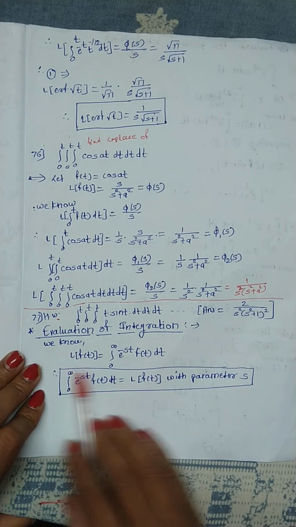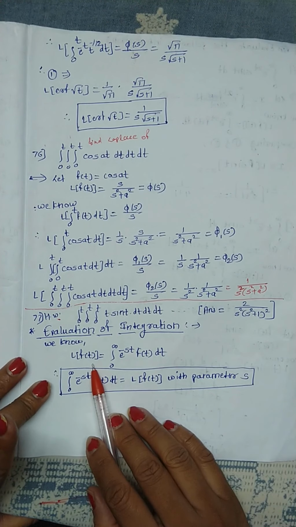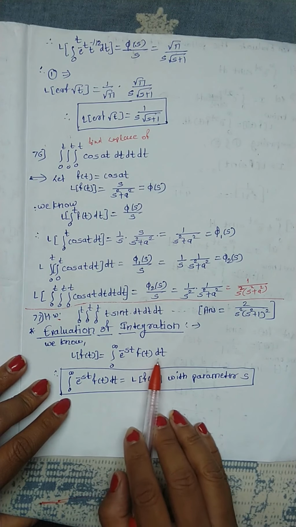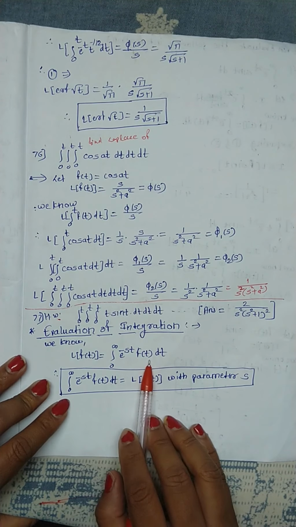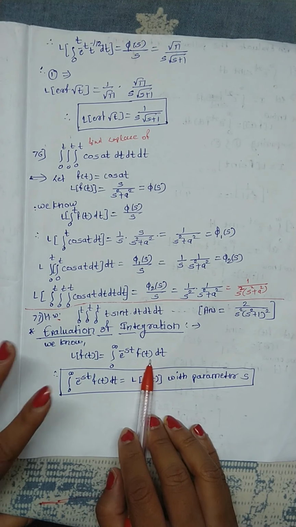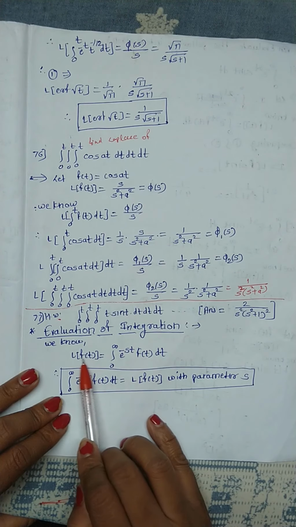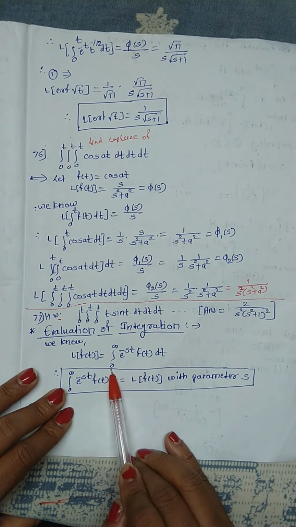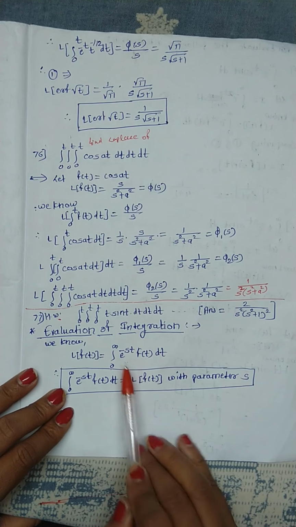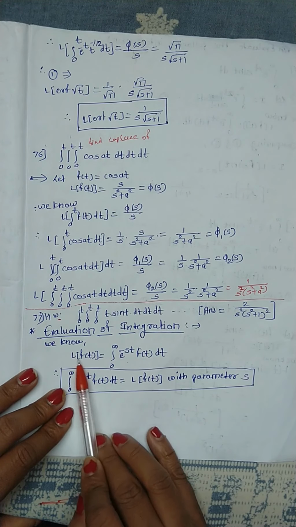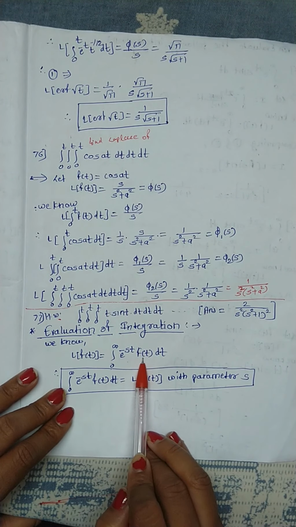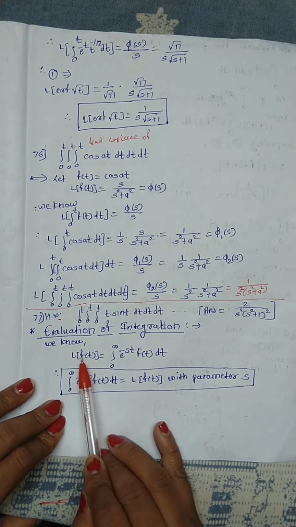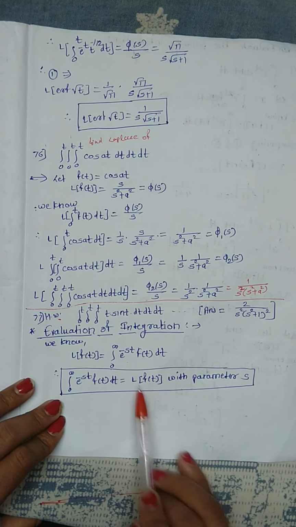We have to start with the standard definition of Laplace, that is, Laplace of f of t is equal to integration 0 to infinity e raised to minus s t f t dt. Now observe this definition. We are going to use this definition only. This Laplace of f of t means this integration. Now think in reverse. This integration 0 to infinity e raised to minus s t f t dt means Laplace of this function, with parameter s.